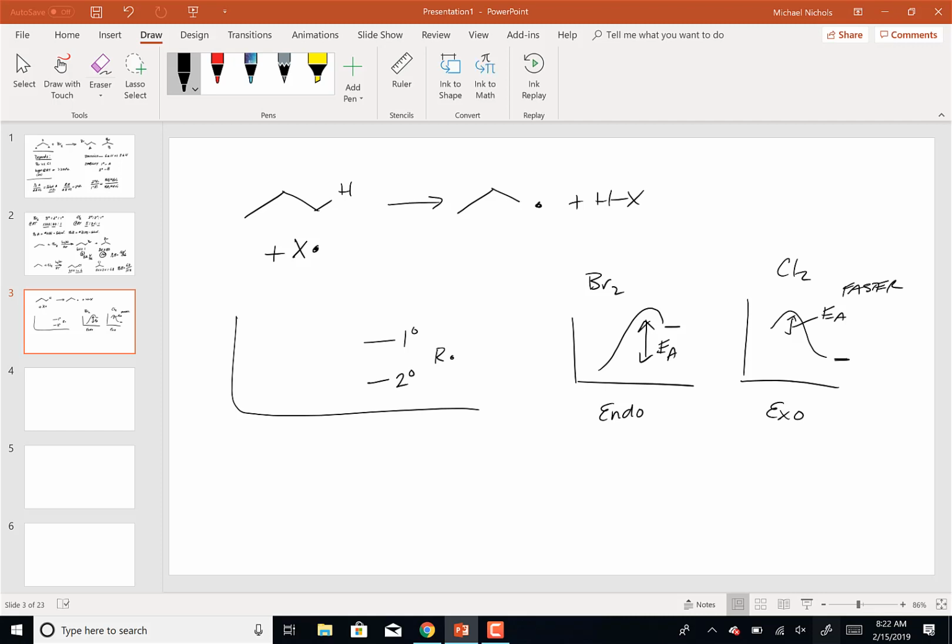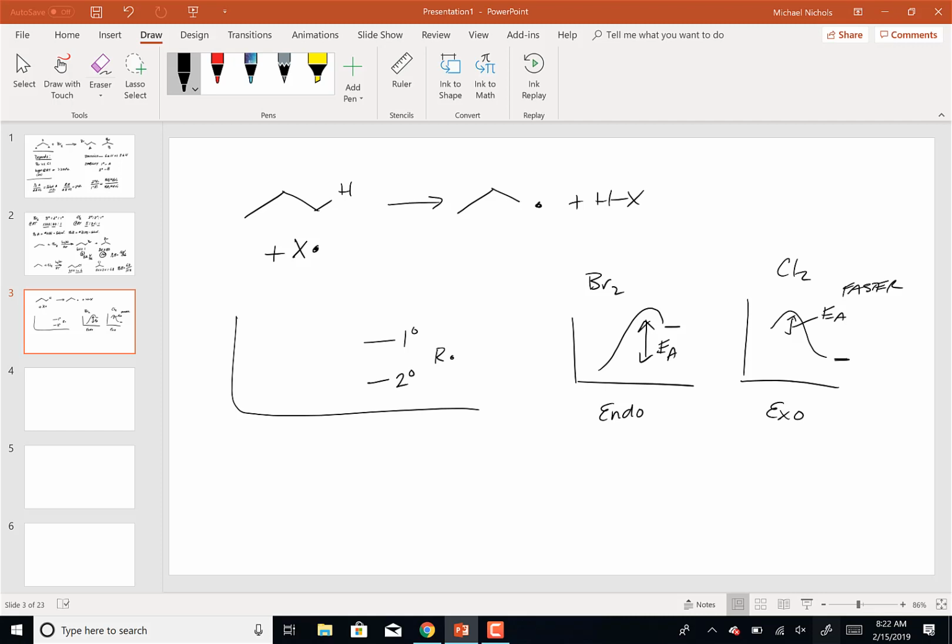So remember, what Hammond's Postulate tells us is that for an endothermic reaction, the transition state looks more like the products, which then results in a higher activation energy. Hammond's Postulate says for an exothermic reaction, the transition state looks more like the reactants, and so it has a lower activation energy.